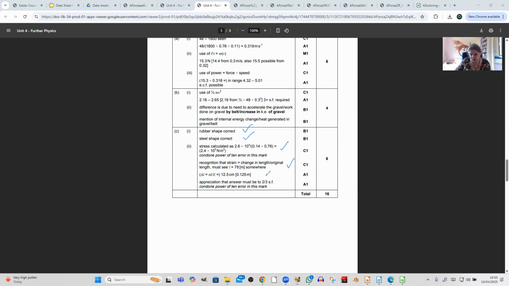Then you can get your delta L. And then it says appreciation that the answer must be to 2 significant figures, 2 or 3. So you need to get your significant figures right for WJEC. Sorry, in the olden days, use 3. You routinely use 3 unless there's a really good reason not to. Use 3 significant figures in your answers.